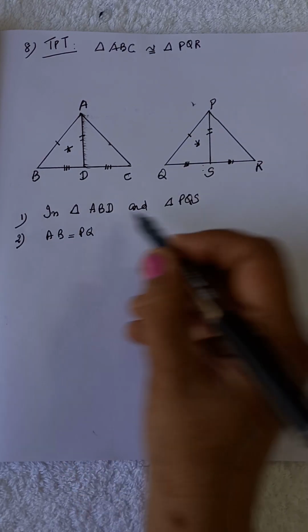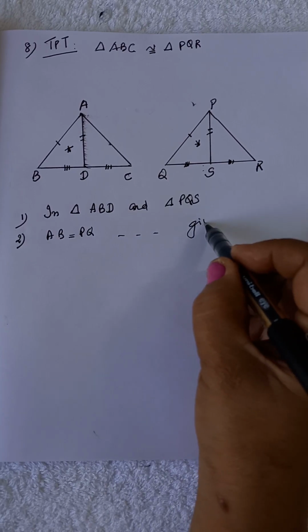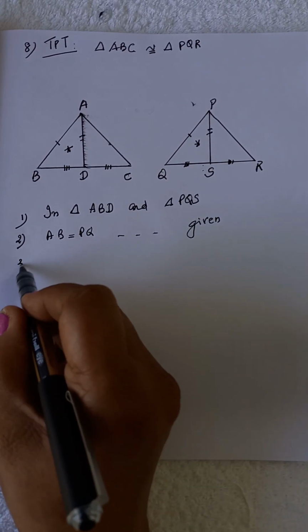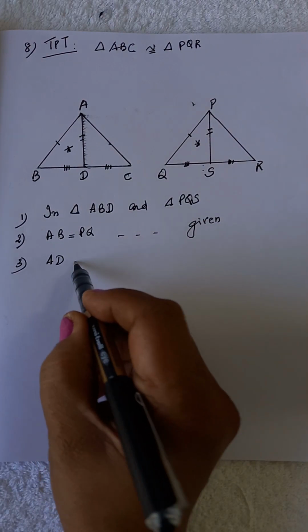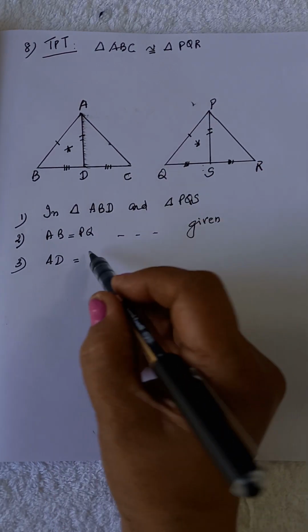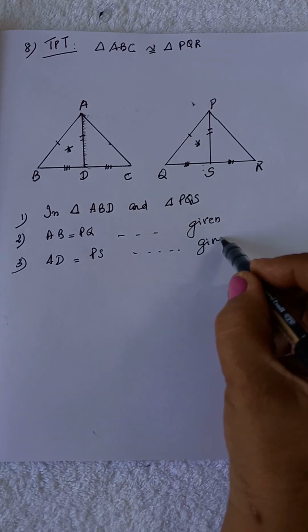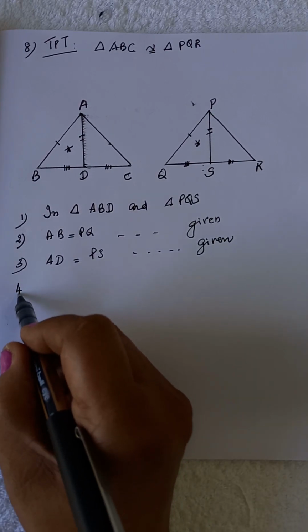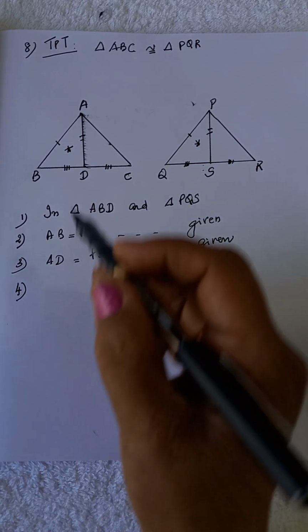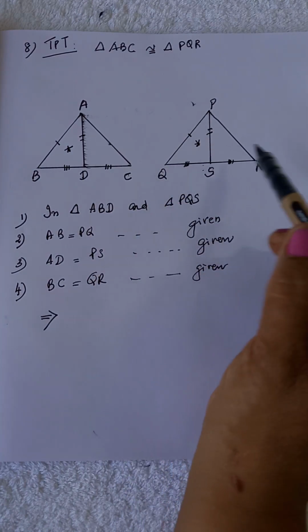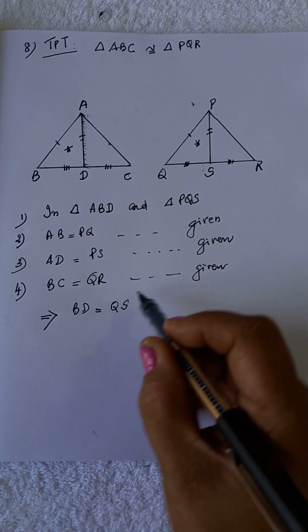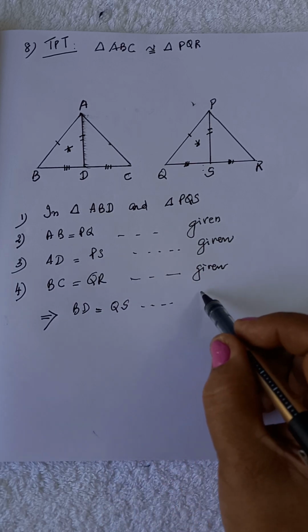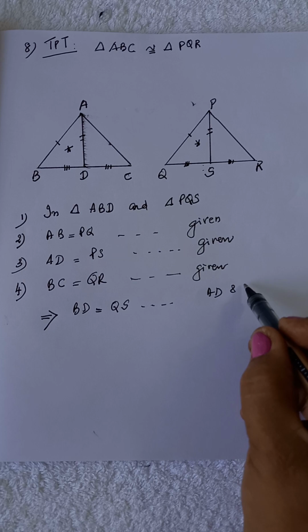Now third point is AD median, that is equal to PS median in the case of the second triangle, that is also given. Now fourth point is BC, that is equal to QR. This implies BD is equal to QS. Reason is AD and PS are medians.